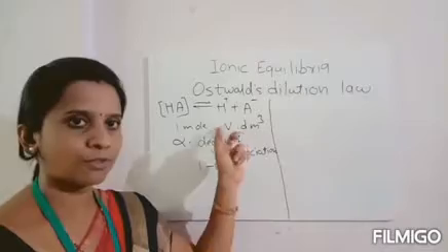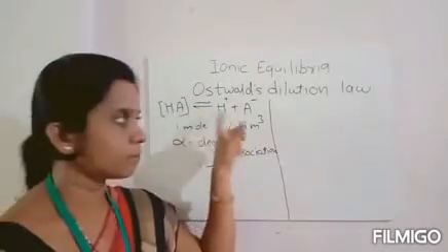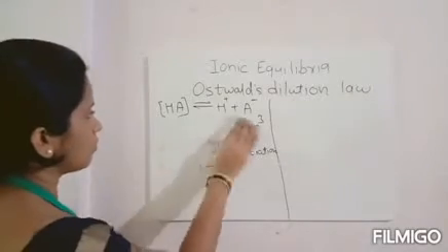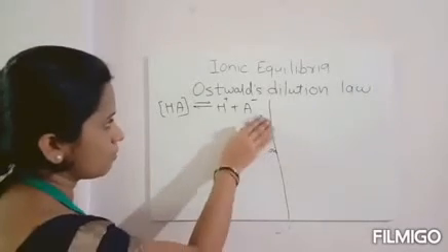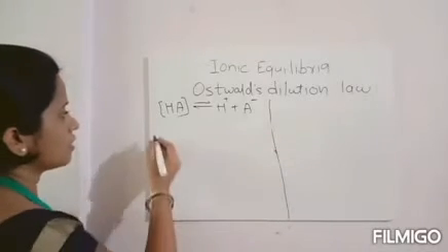Here we have to write the amount at equilibrium for each term, HA, H plus and A minus, for the derivation of Ostwald's dilution law.